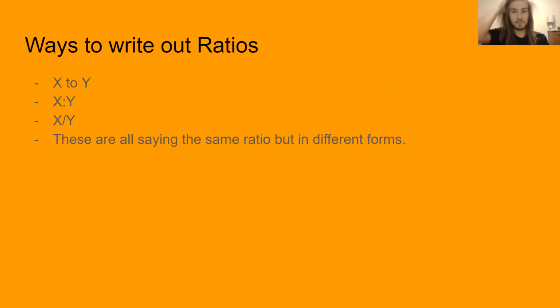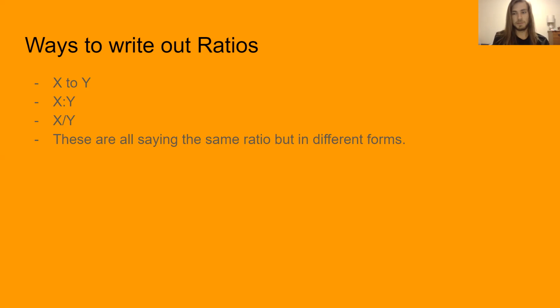Now there are lots of different ways to write out ratios. You want your students to know this because a lot of the time they will be written out in different ways, and you want them to know that they're all the same ratio. So we have x to y, which is like a word problem form.